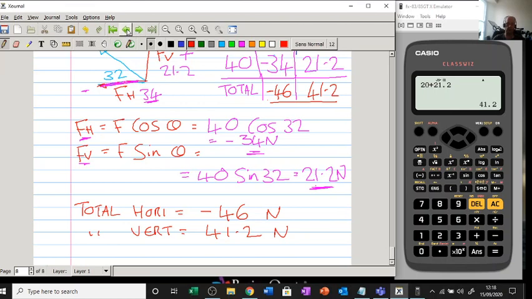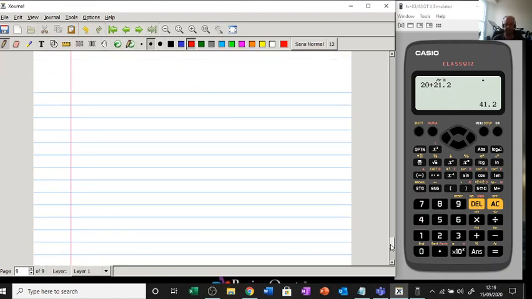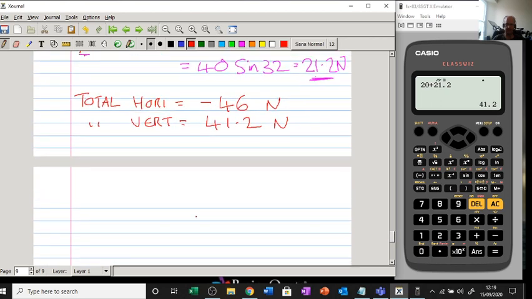So what you can do now is, this is where it gets exciting. We know the horizontal is minus 46, so it's going this way, 46, and it's going up 41.2.